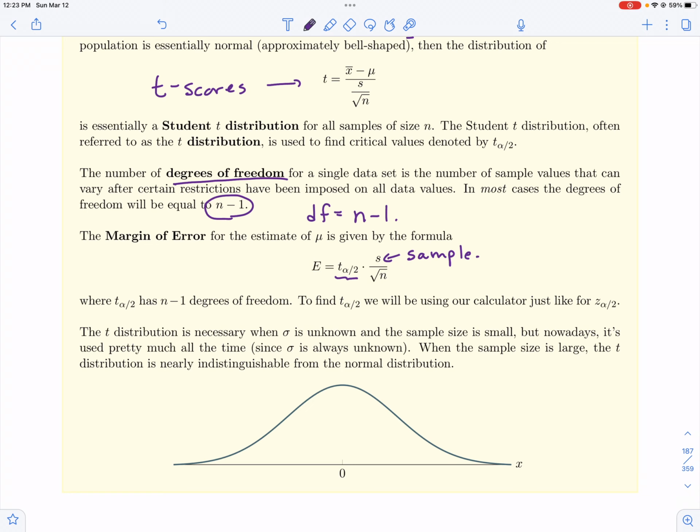But for small degrees of freedom, they can be a little bit different. And then again, the nice thing is we can use this t-distribution for small sample sizes, like even 3, 4, 5, things like that. Whereas unless we know it's bigger than 30 or normally distributed, we can't actually use the normal distribution for those.